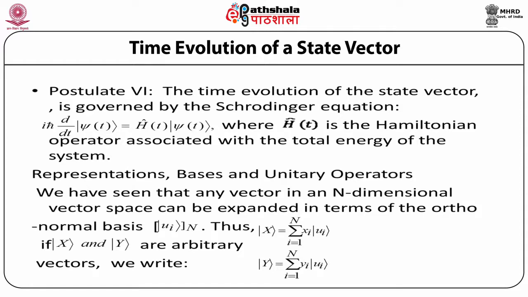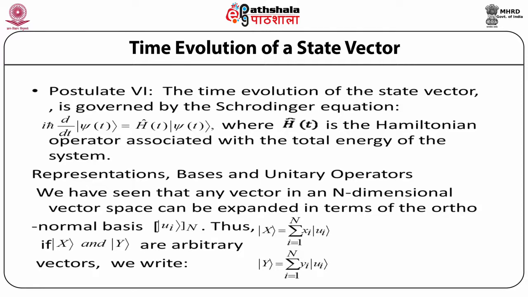Thus, if we have any two state vectors, ket vector x and ket vector y, as arbitrary vectors, then we can expand these vectors in terms of the orthonormal basis set ui, and this can be given as ket vector x is equal to the summation over i going from 1 to n, where n denotes the n-dimensional vector space, xi times the ket vector ui, where xi are the coefficients or the eigenvalues.